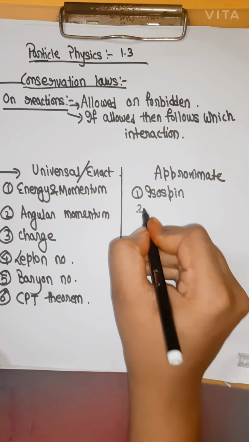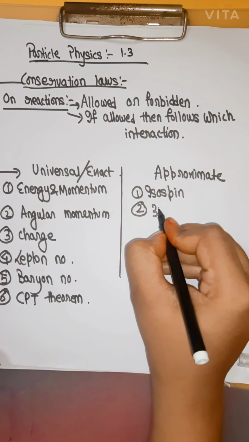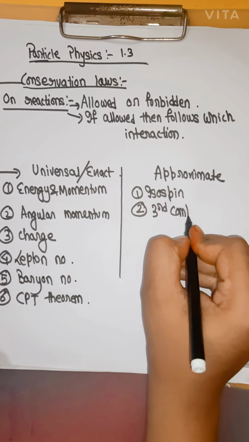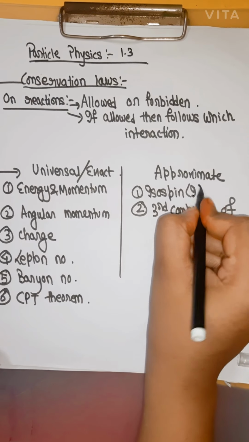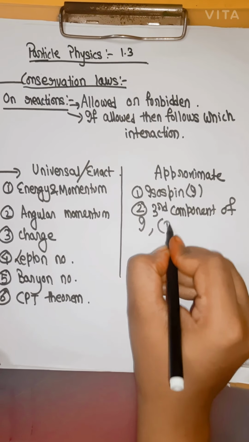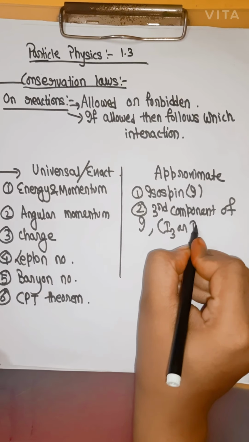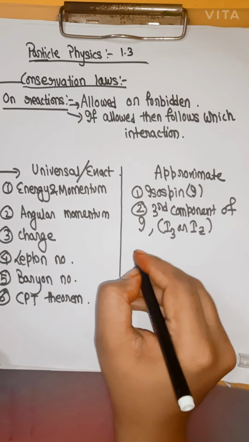What this means, we will discuss. Then the third component of isospin, that is I3, or we will denote it by Iz.